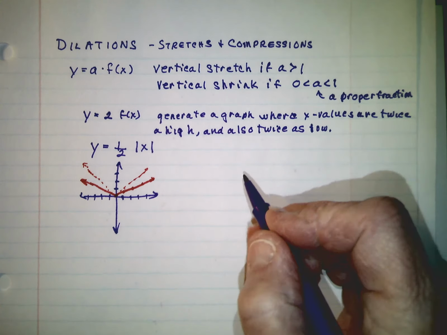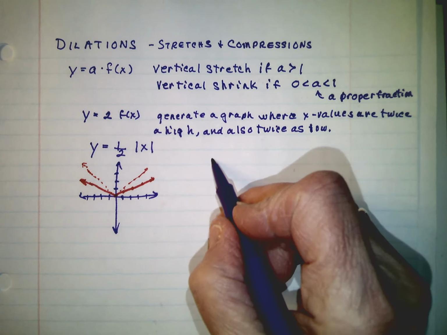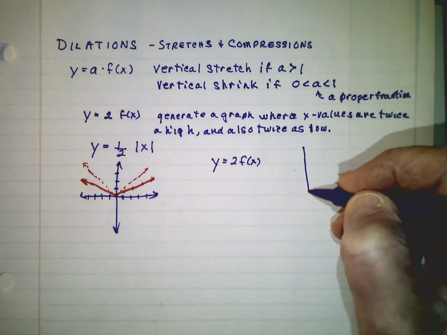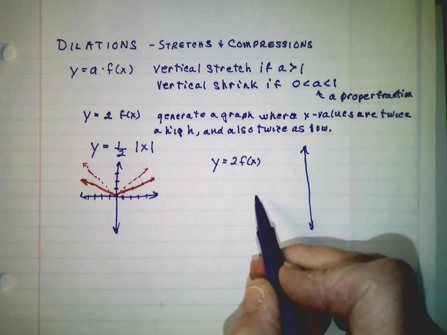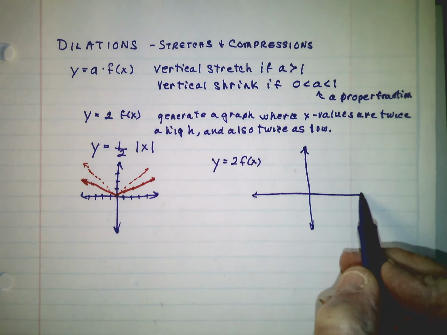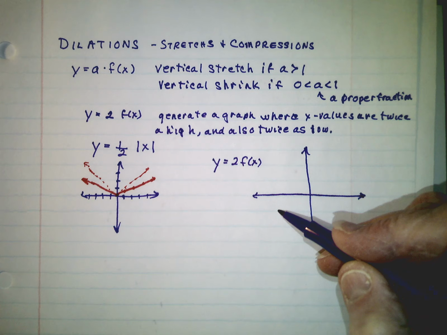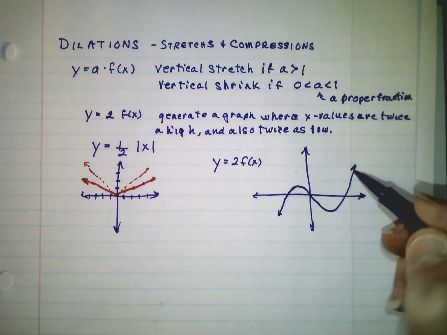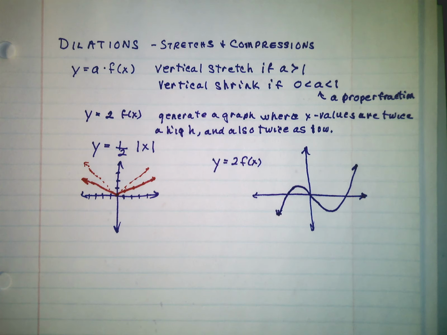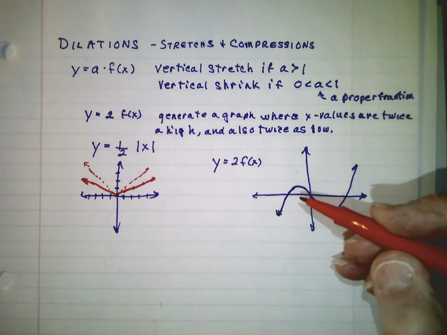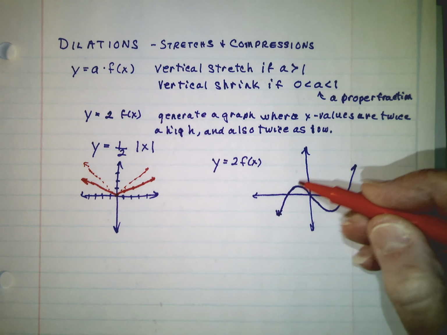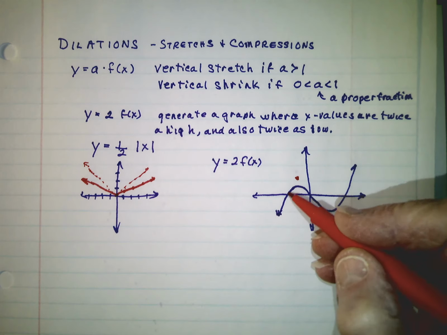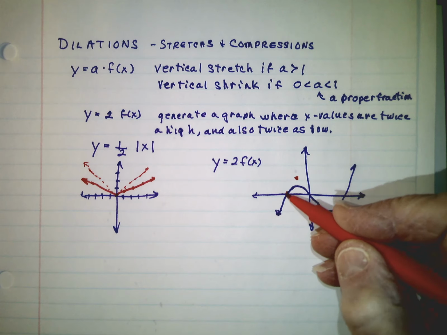How about if we have y equals 2 times f of x, and I'm just going to sketch a random f of x here. Some polynomial. Looks like a positive cubic polynomial. So then the y values are going to be twice as high, about 2 times 0. Well, that's still 0.